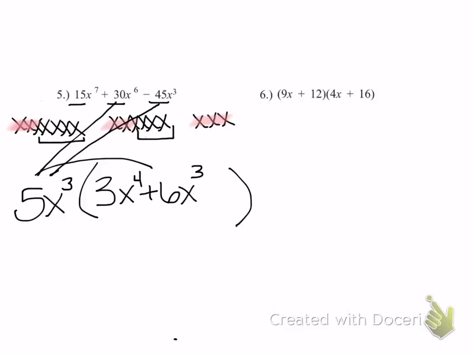Well, that gives me a negative 9. And then I can see that I don't have any x's left over here. So I just leave it at 9, and there is my answer. Keep in mind, if you were to distribute the 5x to the 3rd, you'd get the original expression.